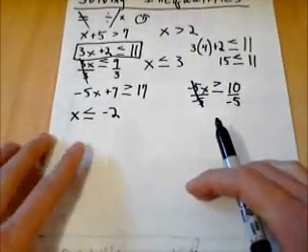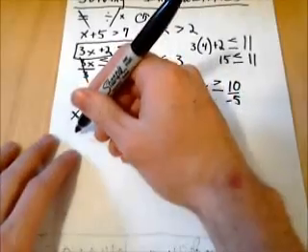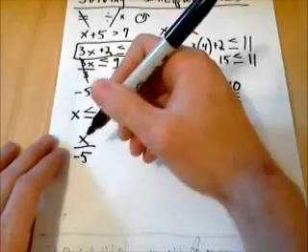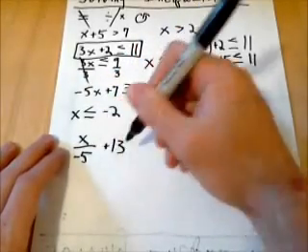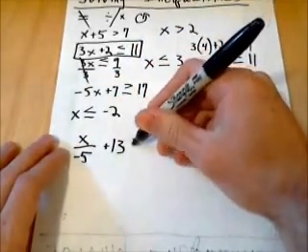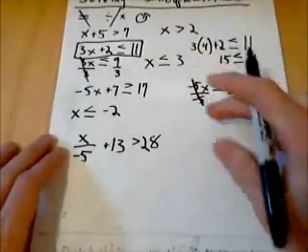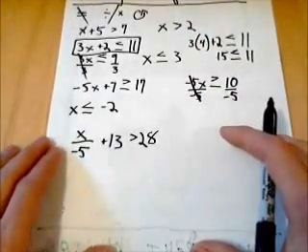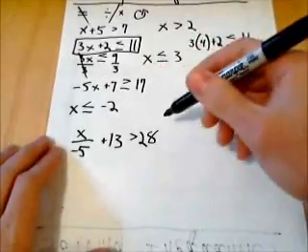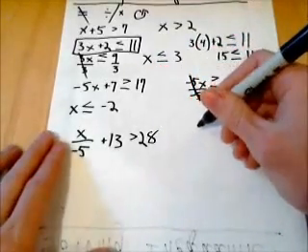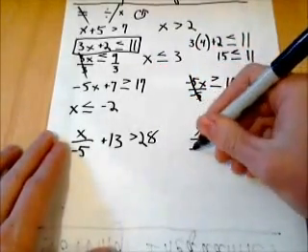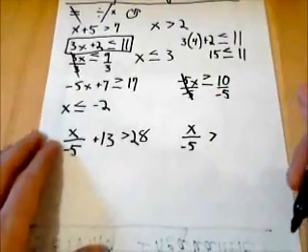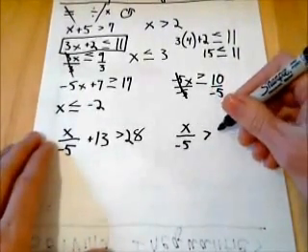So one more example: x over negative 5 plus 13 is greater than 28. Again, treat it like a regular equation. We're going to subtract 13 from both sides and get x over negative 5 is greater than 28 minus 13, which is equal to 15.